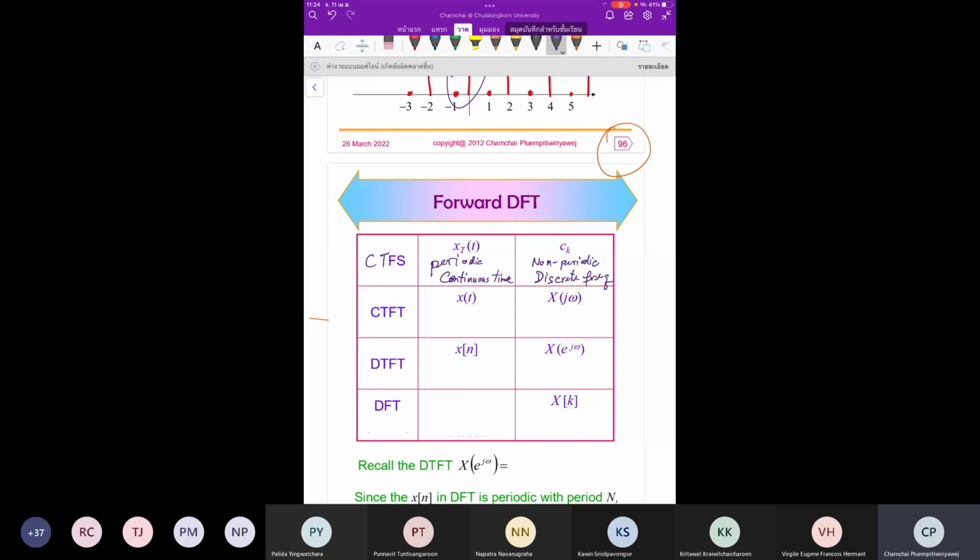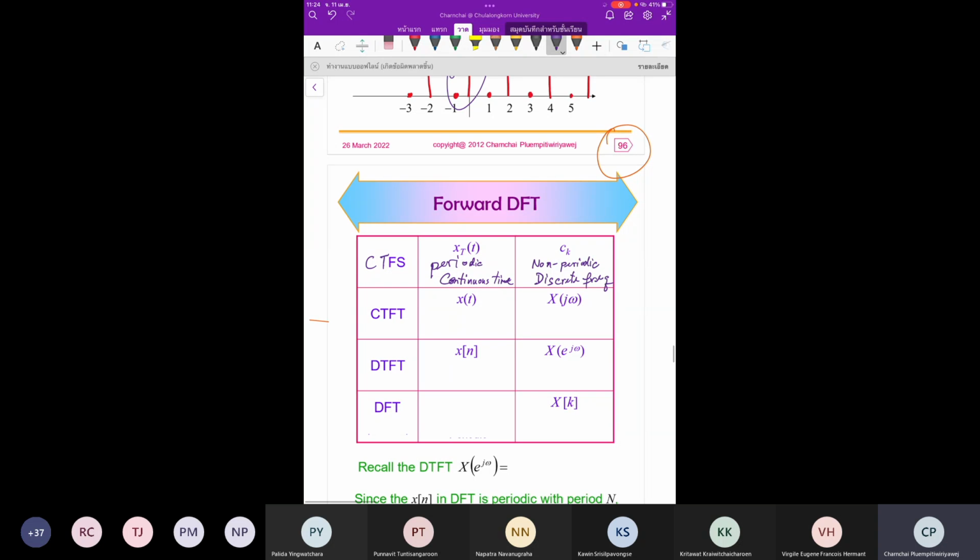And both of them are continuous. Both non-periodic. Both of them are continuous. This is continuous time. This is continuous frequencies. That's easy.